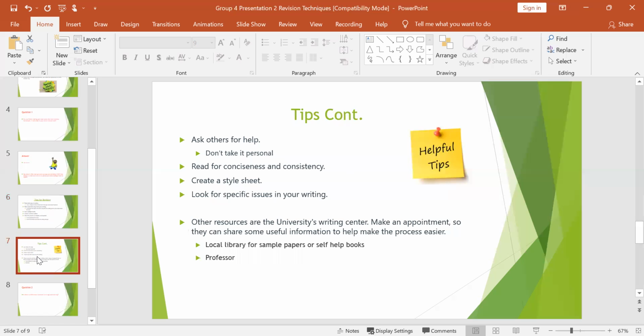Ask others for help. If you have a friend, a spouse, or a colleague who can read it, but like I mentioned before, don't take it personally. They're trying to help, and you are ultimately the author of that essay, so you don't always have to take that person's advice. Read for conciseness and consistency.